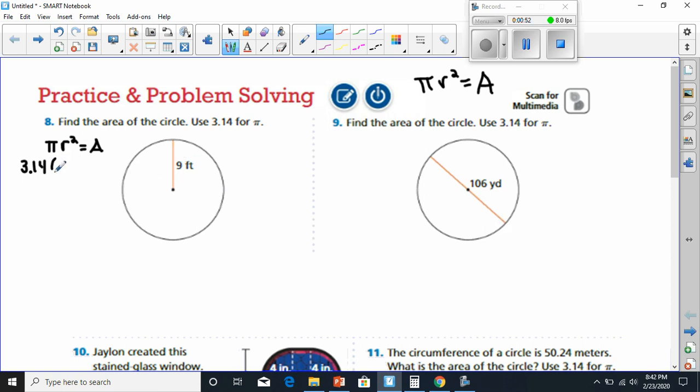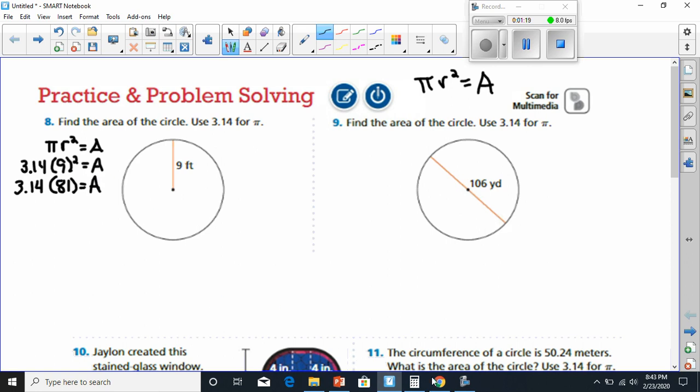So we're going to be multiplying 9 squared to 3.14. And 9 squared is 81, because 9 times 9 is 81. So now we got 3.14 times 81 equals the area.